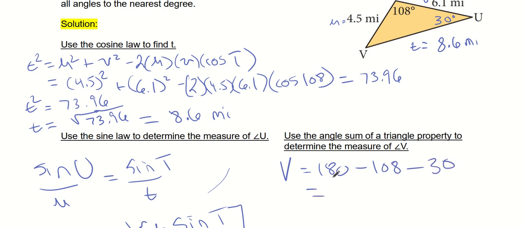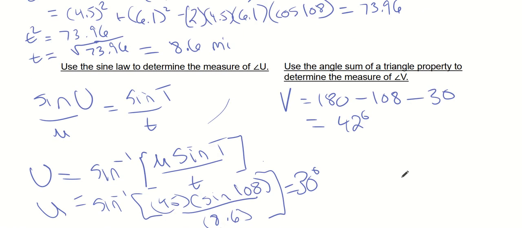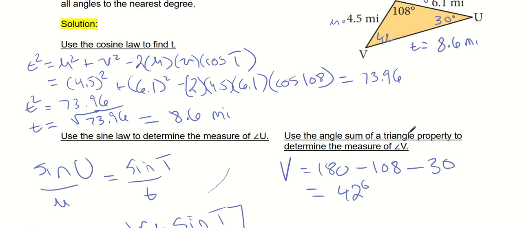And we get an angle of 42 degrees. Therefore, you should have basically everything. Let me write up here 42. So we have all the angles and we have all the sides, and you can write yourself a statement down here showing the results you have.